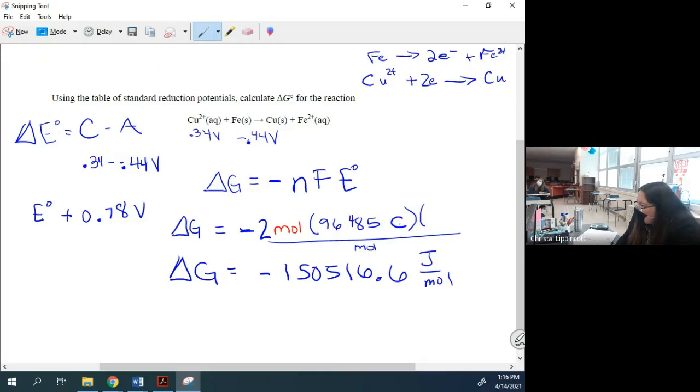We need to talk about coulombs in just a second. But E is volts here. So our E value was 0.78, and that was volts.